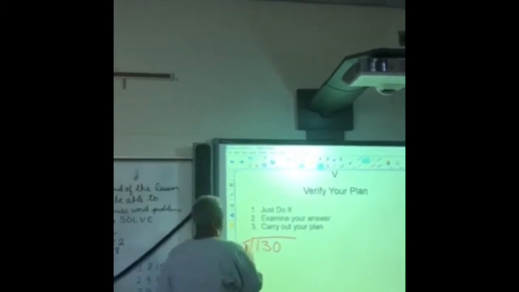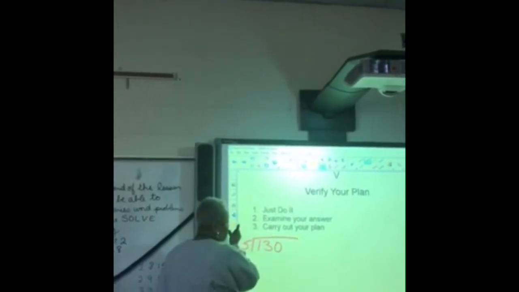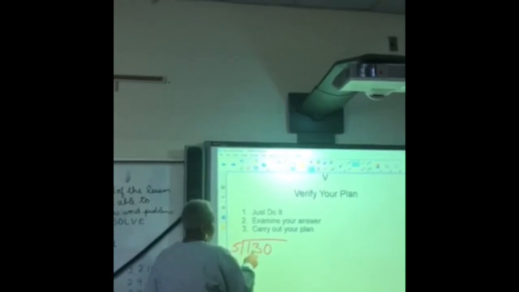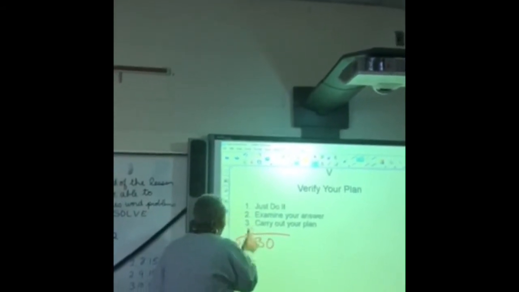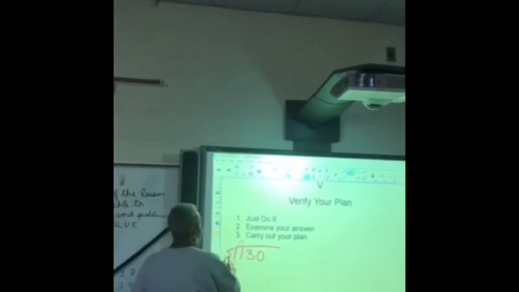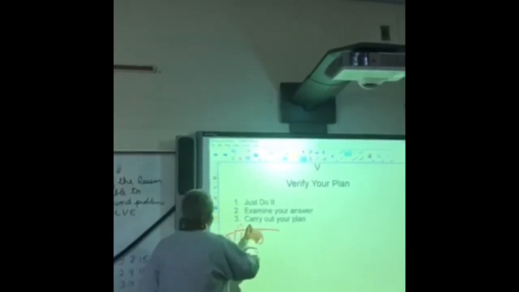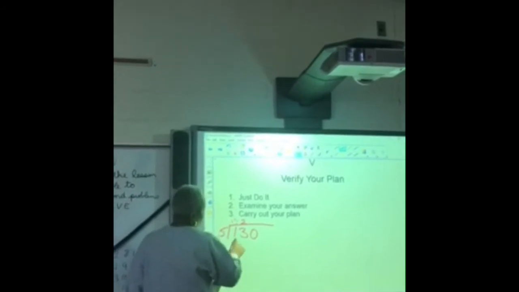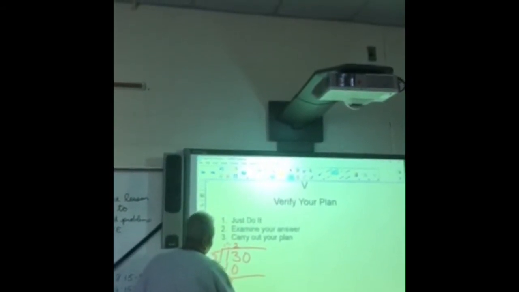So I will divide 5 into 13. I like to put my imaginary 0 there to hold that place. So 5 goes into 13 2 times. 2 times 5 is 10. Minus.